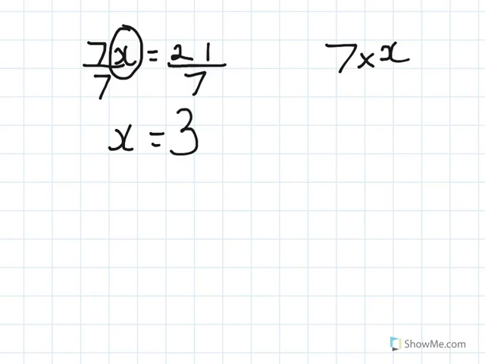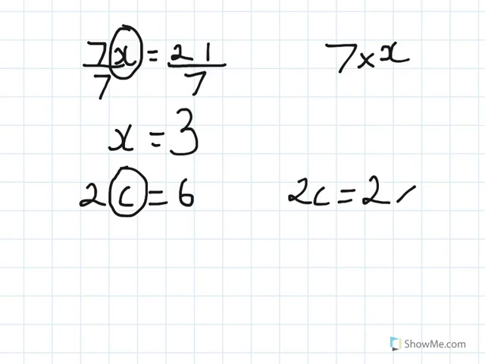Let's do another question similar to that one. 2c equals 6. We need to get the variable by itself, and we know that 2c really means 2 times c.